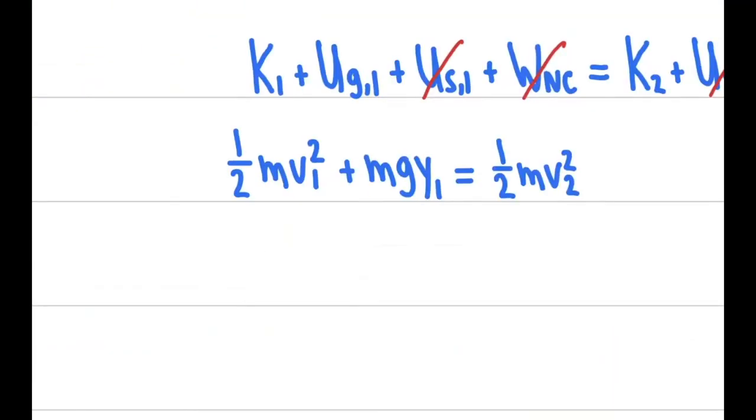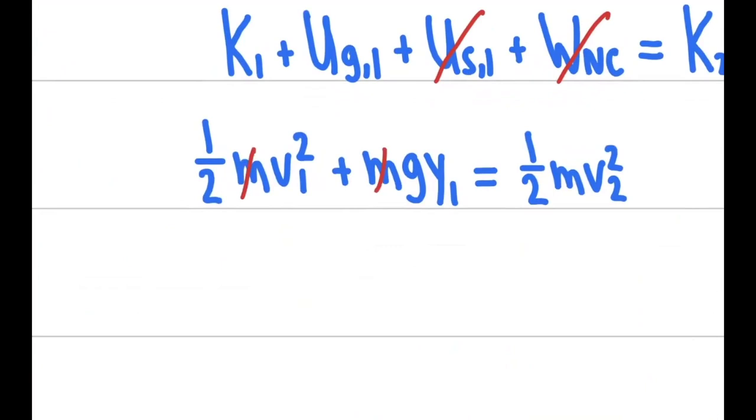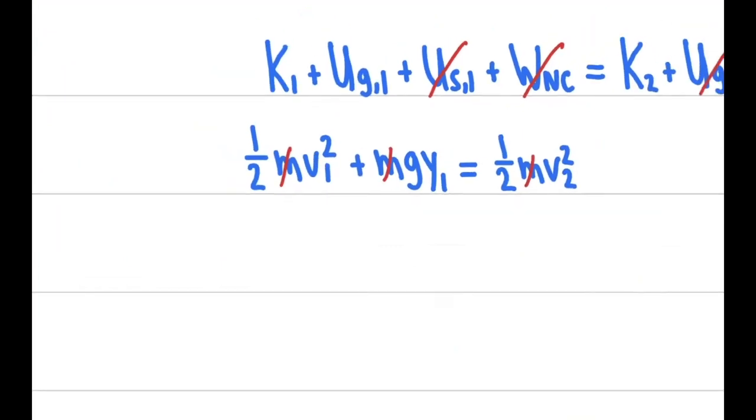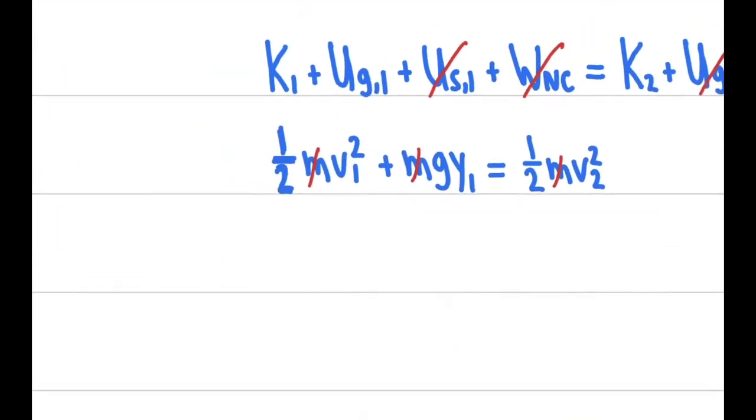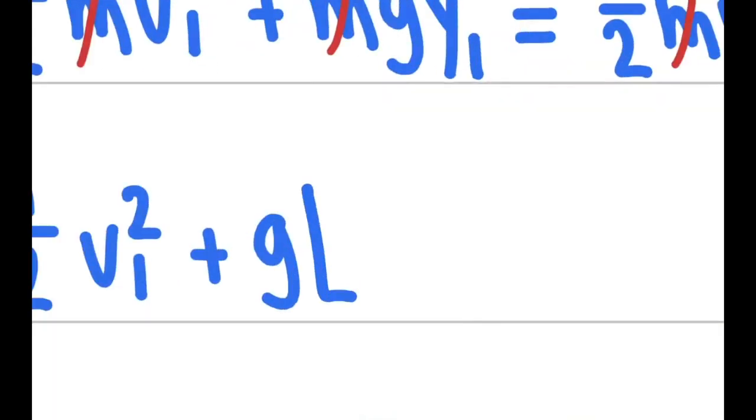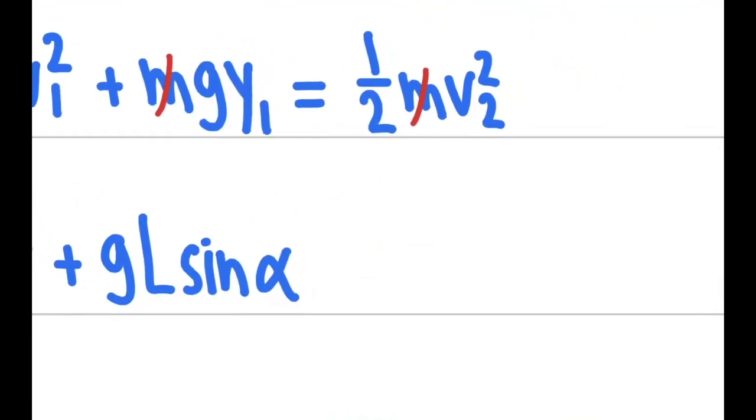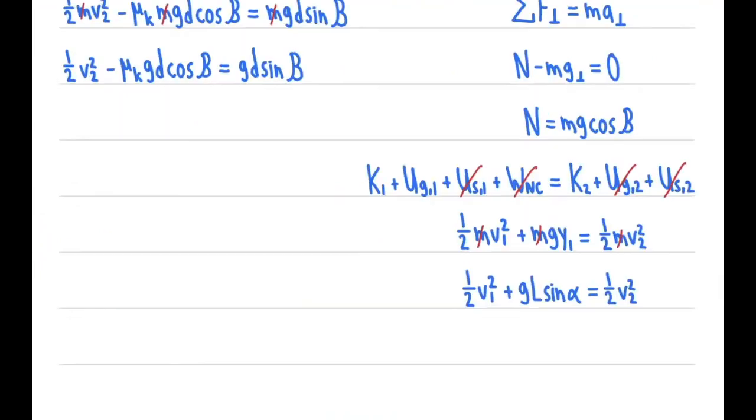And I can also divide both sides by m, and these three m's will cancel, which is good because we don't know m. So you get 1/2 v1 squared plus g L sine alpha, and that equals 1/2 v2 squared. We don't even need to find v2. We can just leave it as 1/2 v2 squared because we have 1/2 v2 squared right there.